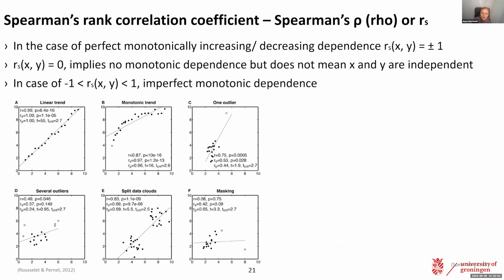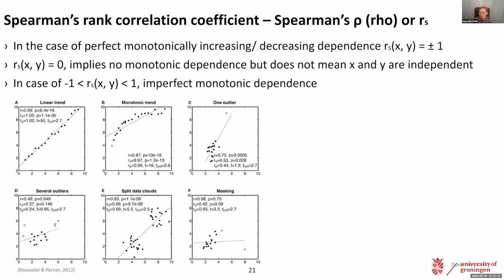Well, then you need to move to another correlation coefficient, which in this case could be Spearman's rank correlation coefficient. Here it's similar to Pearson, as you might know: in case you have something close to +1, you have a positive monotonic or nonlinear relationship, and the other way around with -1. Something close to 0 implies that there is probably no monotonic dependency, but it still doesn't mean that X and Y are not in relation to one another.